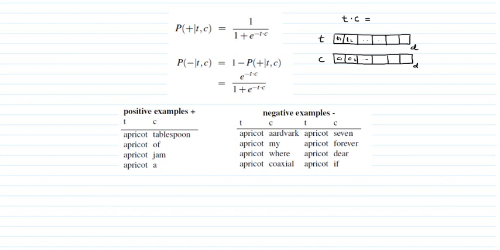So the dot product can be written as t1 star c1 plus t2 star c2 plus dot dot dot td star cd, where t1, t2, dot dot dot td and c1, c2, dot dot dot cd are randomly generated values.